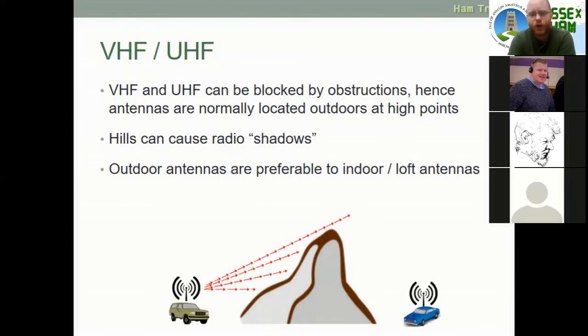My house was at the top of a very, very tall hill, and I could get a lot further, even though my antenna was just in the loft. Where it is now, it's a lot lower. Although it's on a mast, it's a lot lower than what it was then. But if I'd had it outside where I was, I could have done even better.